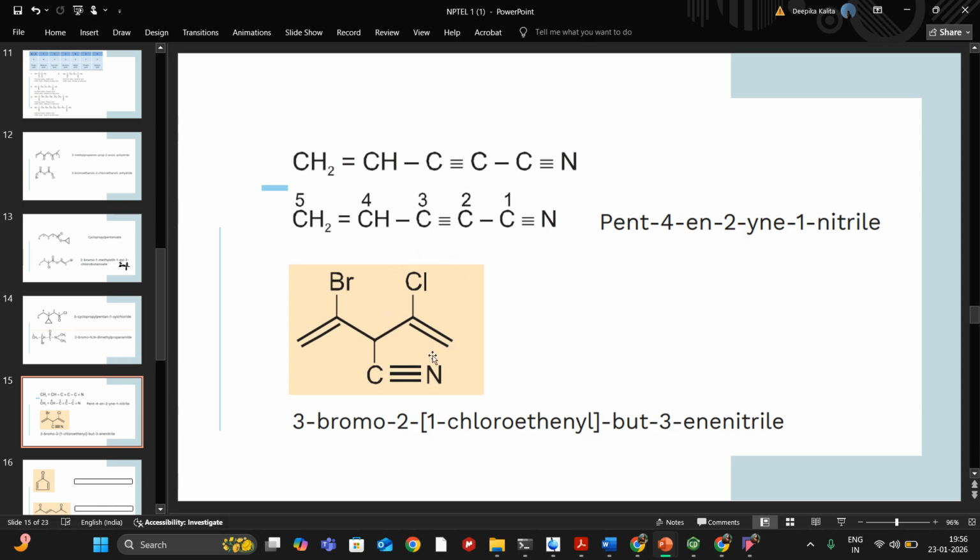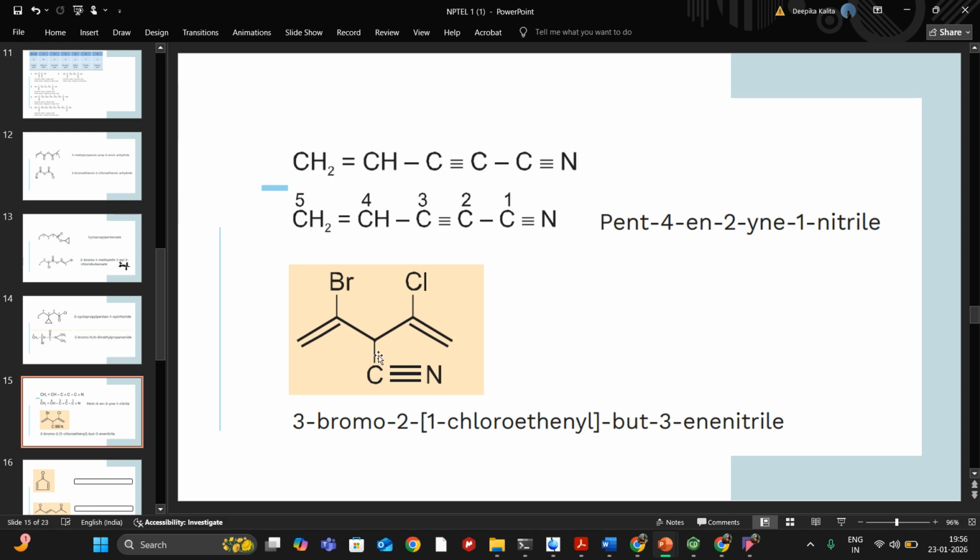Okay, so this particular part will come under the bracket, and if you individually name this functional group, it will be 1-chloroethenyl. Okay, hence the overall name will be 3-bromo-2-(1-chloroethenyl) but-3-enenitrile.